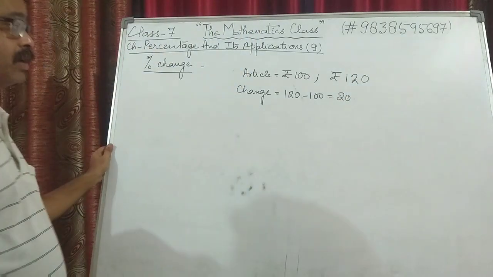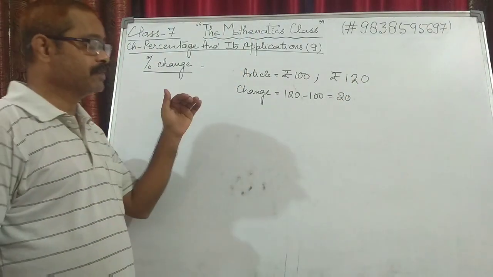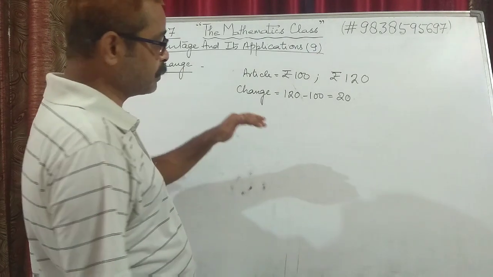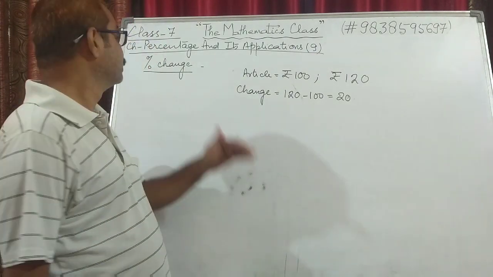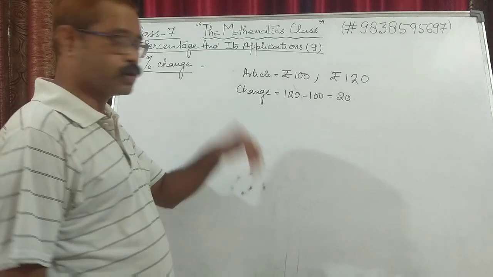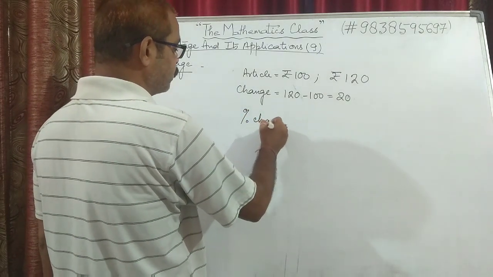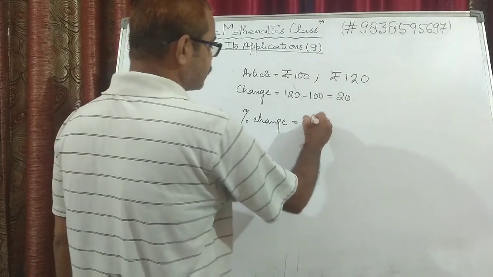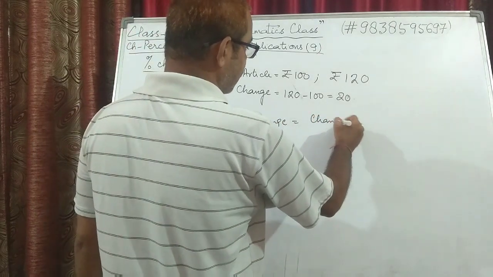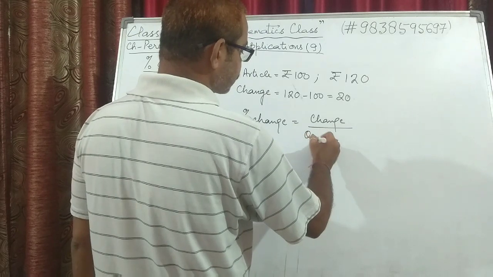This is the change. But if the question asks what is the percentage change in the price of the article, so percentage change will be whatever is the change upon original price.